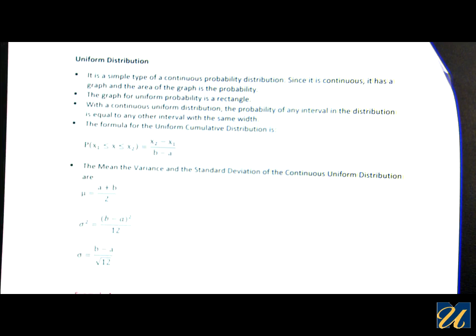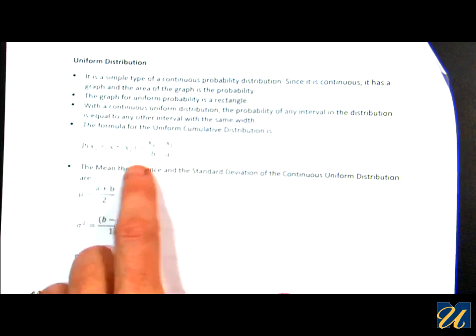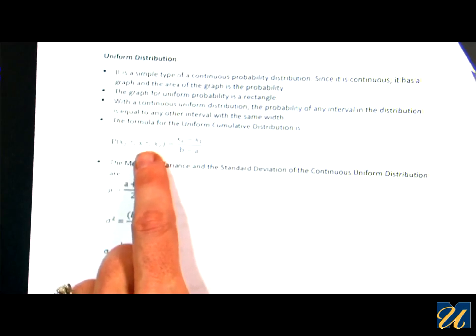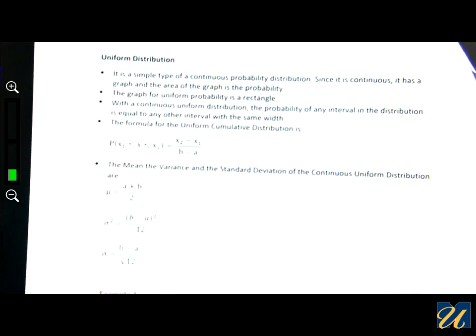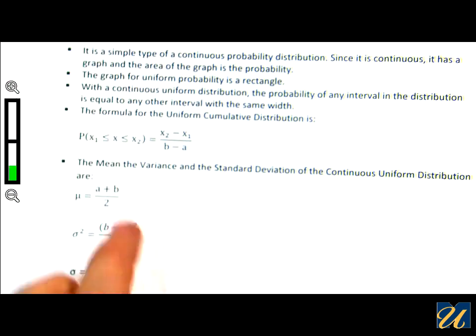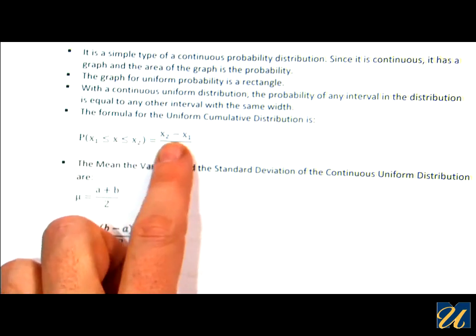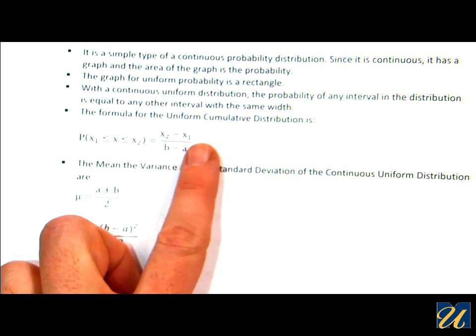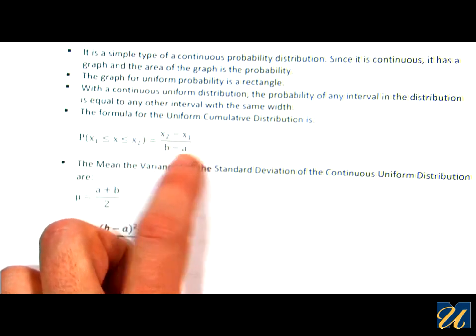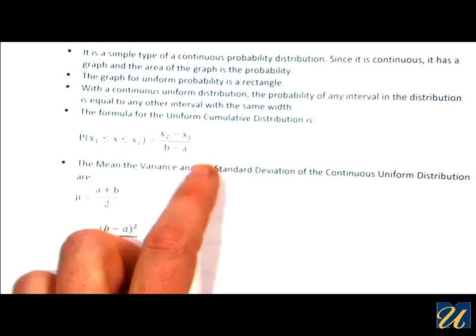The formula for the uniform cumulative distribution is the following. When you're looking for an area between two values, you will take x2 minus x1 over b minus a.